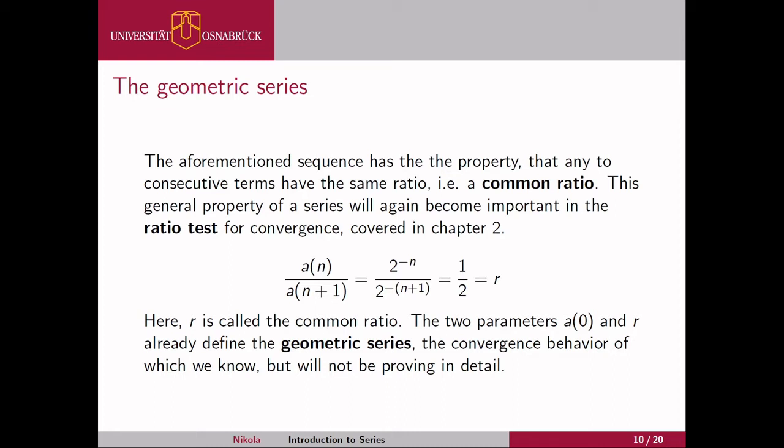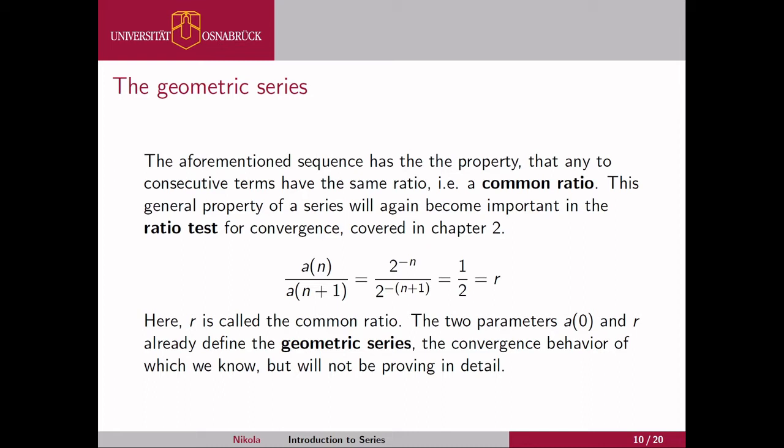If you take a of n and a of n plus 1, just general consecutive terms, one is 2 to the power of minus n, the other is 2 to the power of minus n plus 1. And if you cancel out the powers, you can simplify to 2 to the power of 0 divided by 2 to the power of 1, and thus you get 1 over 2, which is now the common ratio of this geometric series.